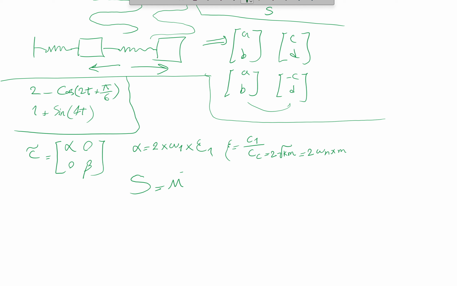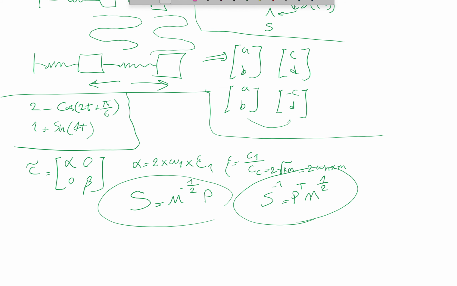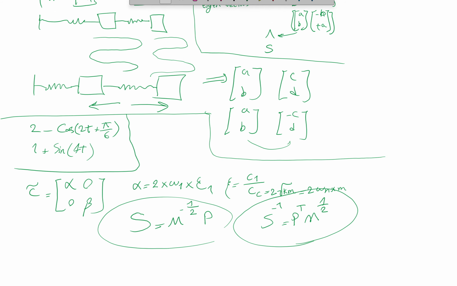So S here, okay, yeah. So it's this, and S inverse is, you switch these places and then get a negative, but negative P is P transpose, so it's like this. These are super important, so yeah, extra attention on these as well.